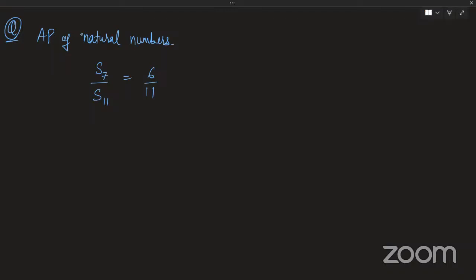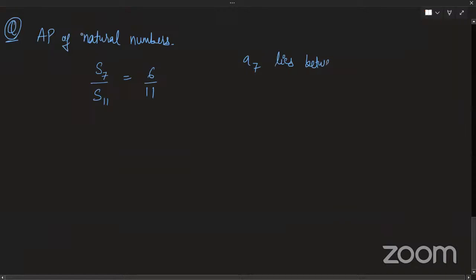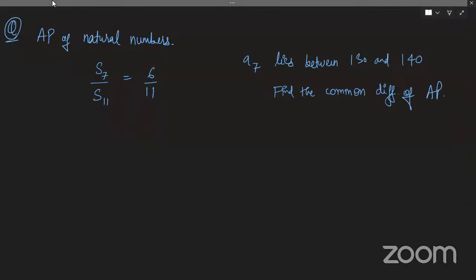And one more thing I am telling you, the 7th term, A7, lies between 130 and 140. So you need to find the common difference of the AP.